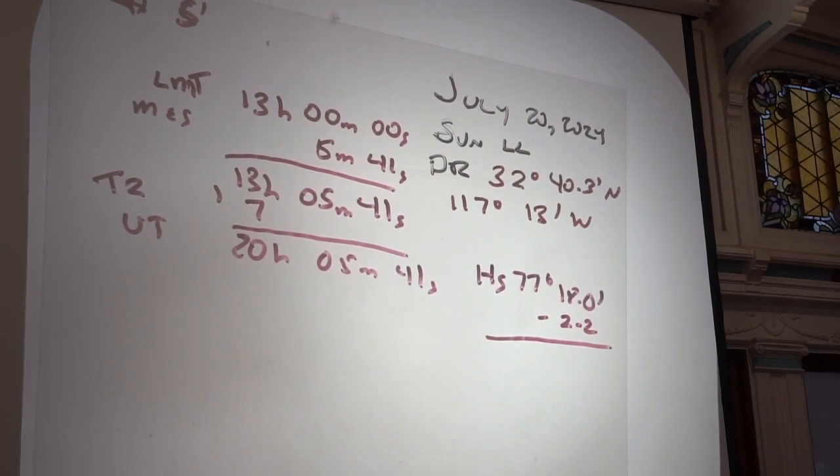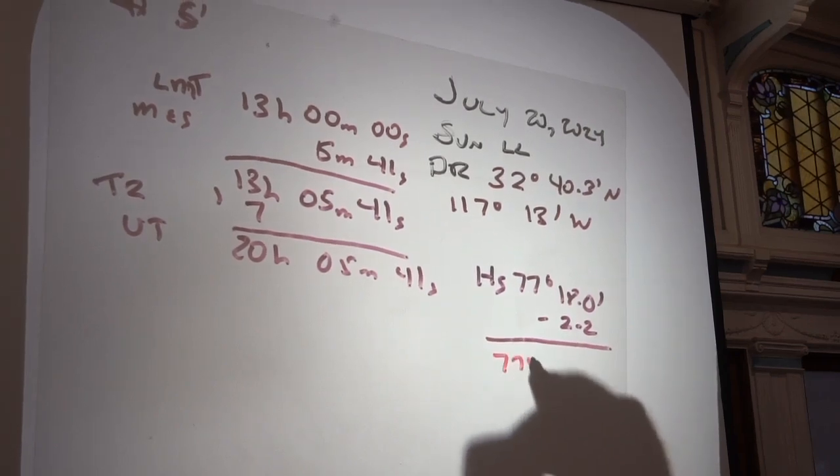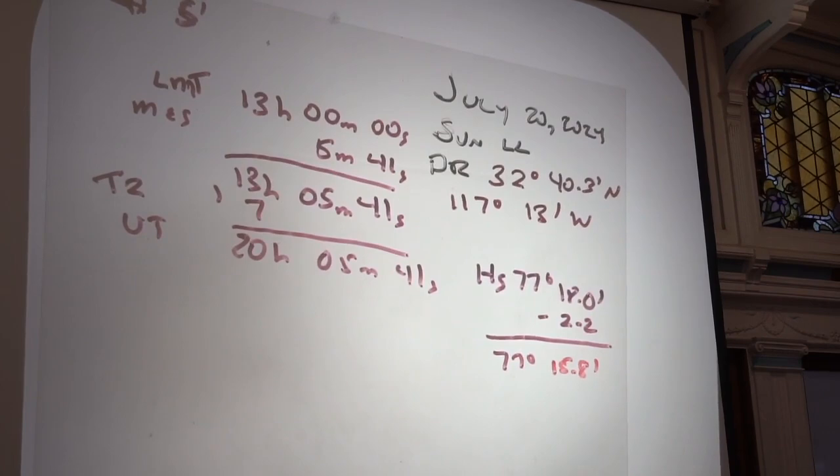2.2. Okay, so let's go ahead and do that subtraction. Minus 2.2 minutes, that's 77 degrees, 15.8 minutes, isn't it? Now, we need to apply the main correction. We're still at the front of the book.